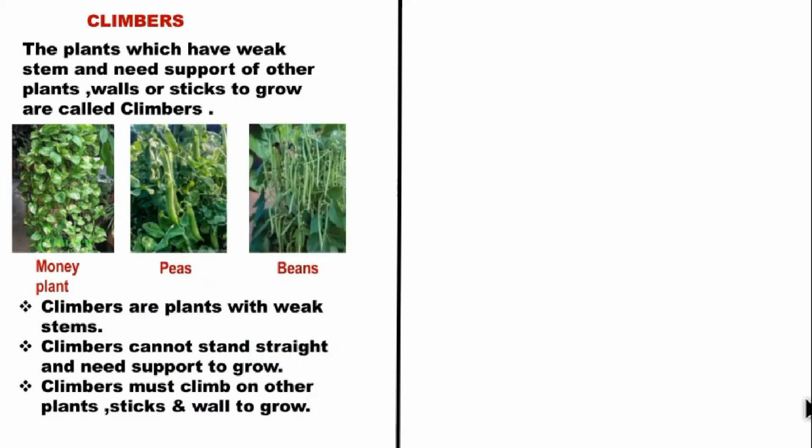So these climbers need support to grow. It may be plants, another plant or walls, or it may be sticks etc. Climbers are plants with weak stem. So the stems of these type of plants are very weak and cannot stand straight and need support to grow. Climbers must climb on other plants, sticks and walls to grow.